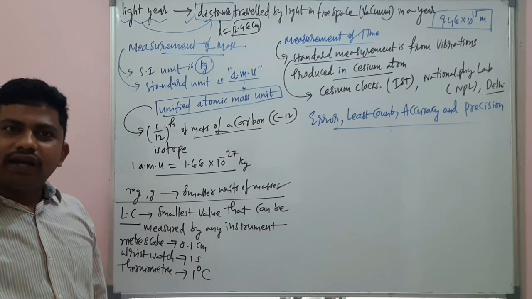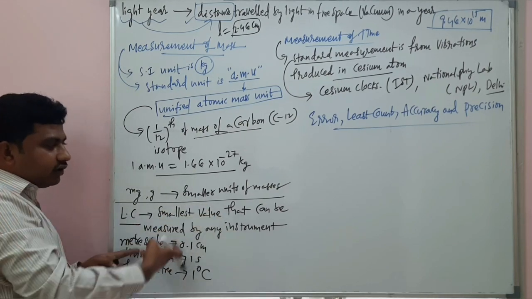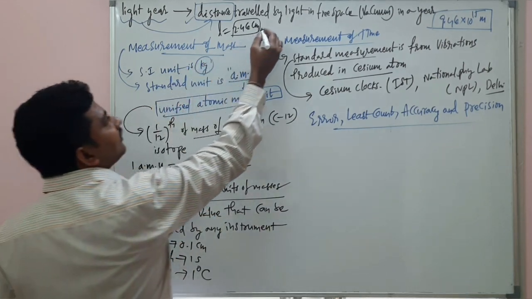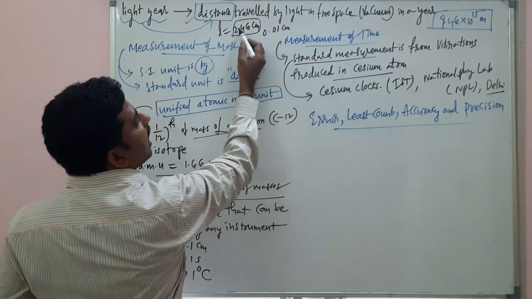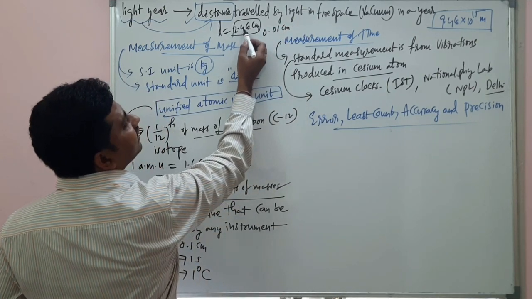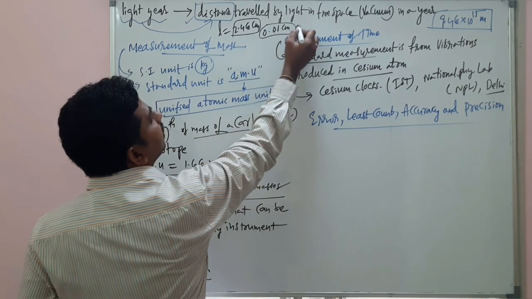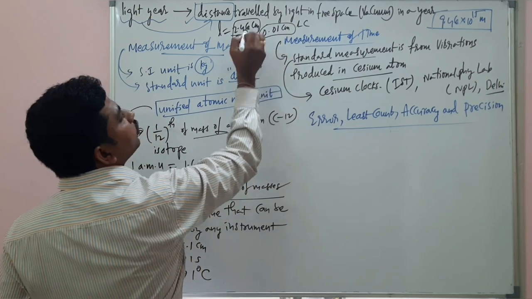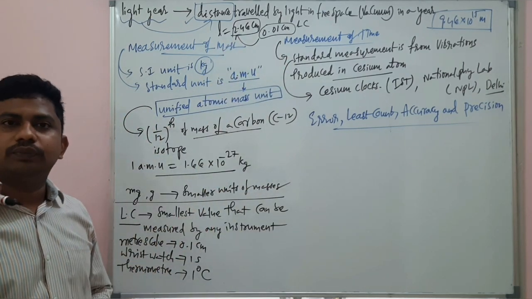What is the smallest value that can be measured like this? Definitely it will be 0.01 centimeters. Look here: after the decimal, how many digits are there? 1, 2. Only 1, 2. So this will be the least count of this instrument. With what instrument was this measurement taken? I hope you got the point.